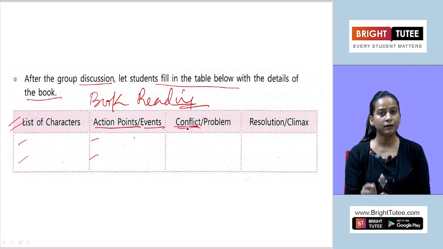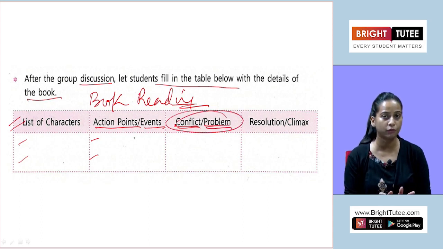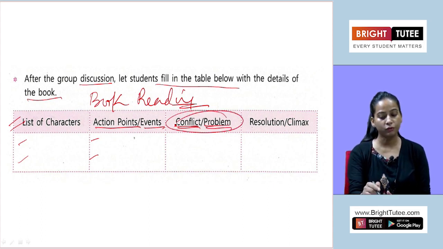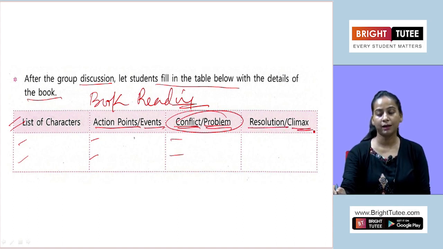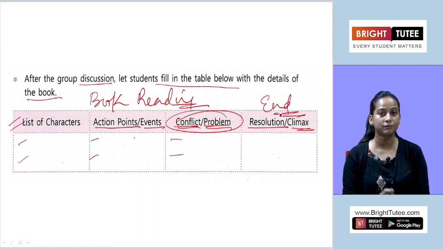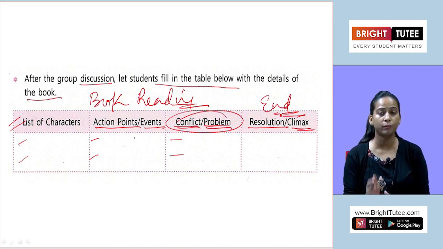Then, was there any problem or conflict in your story? That is one of the important elements of story writing, so that also you need to mention. Then resolution or the climax. What was the end of the story? What was the climax point, where the change was brought in the story, where the transformation was shown?